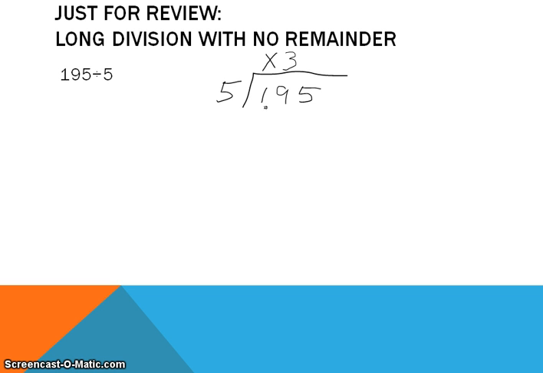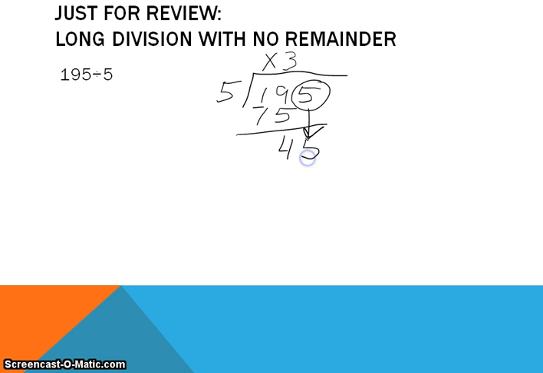Okay, so then we do 5 multiplied by 3, and that will give us 15, and then we will subtract it. So 9 minus 5 is 4, and 1 minus 1 is 0, so I'm just going to leave it blank because I don't want any zeros there confusing me. Alright, next, what we have to do is take this number right here, and we're going to bring it down.